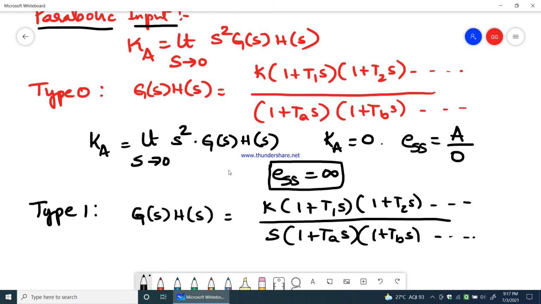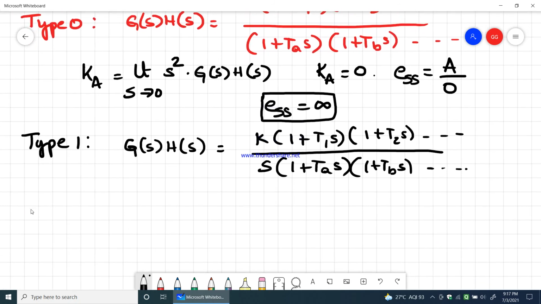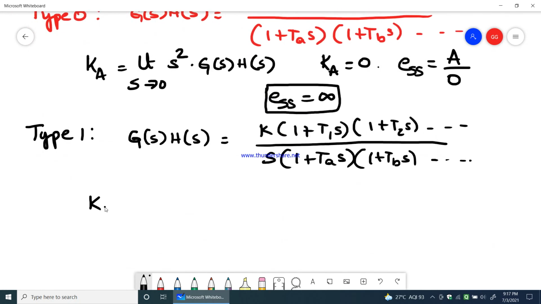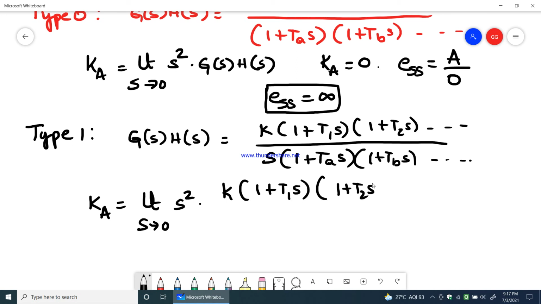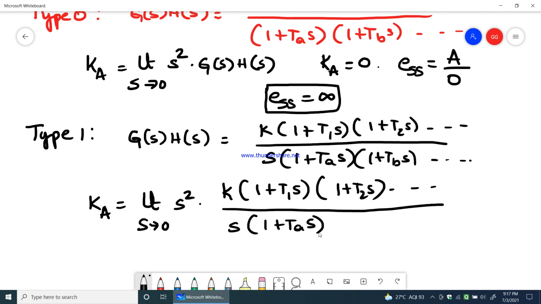Therefore, for type 1 system, Ka would be equal to limit s tends to 0, s square into K into (1 plus T1s) into (1 plus T2s), and so on, divided by s into (1 plus Tas) into (1 plus Tbs), and so on.